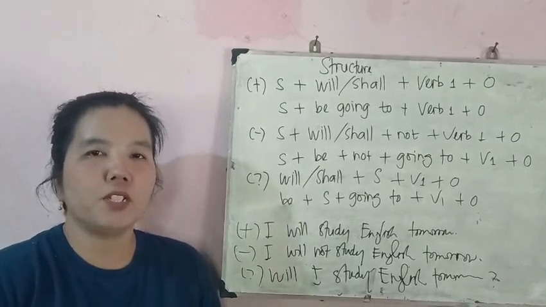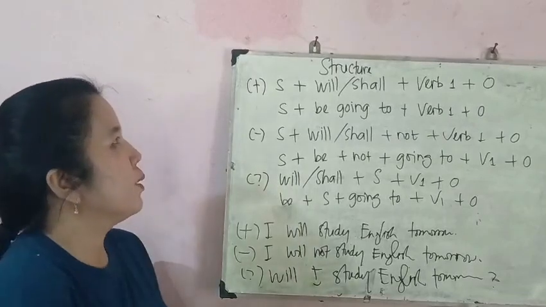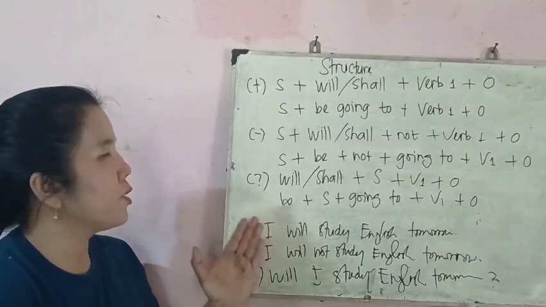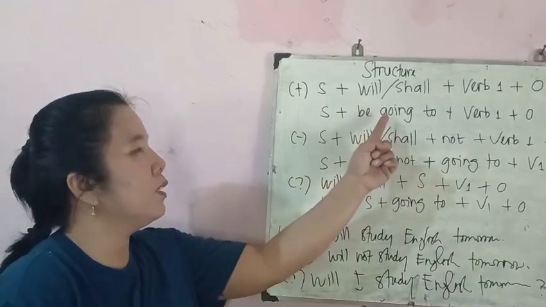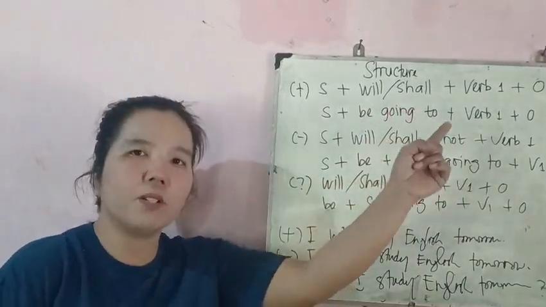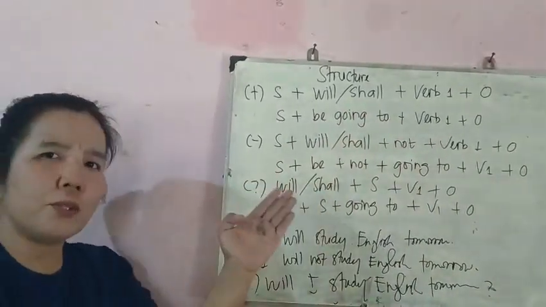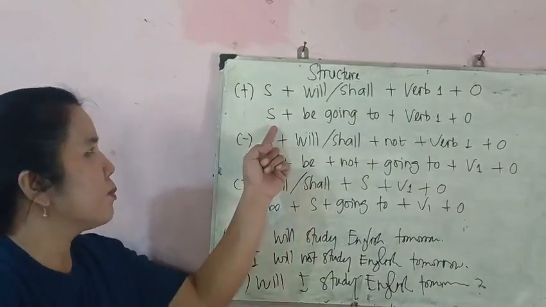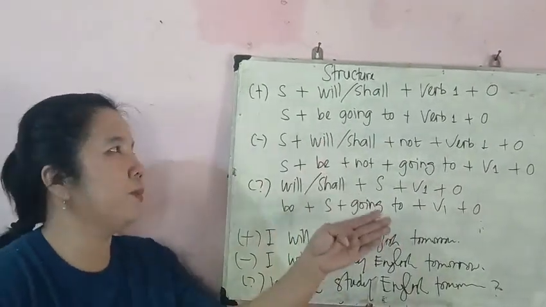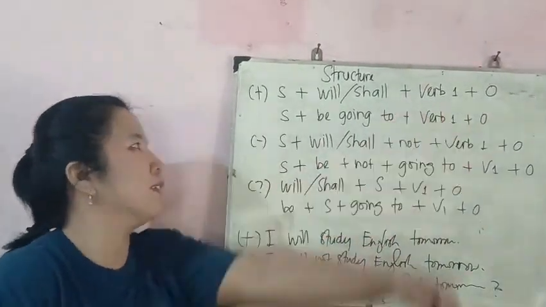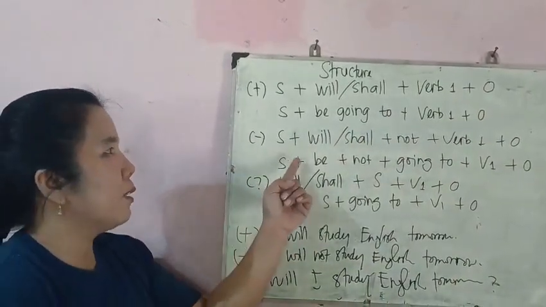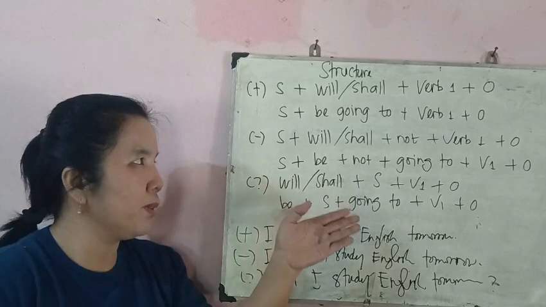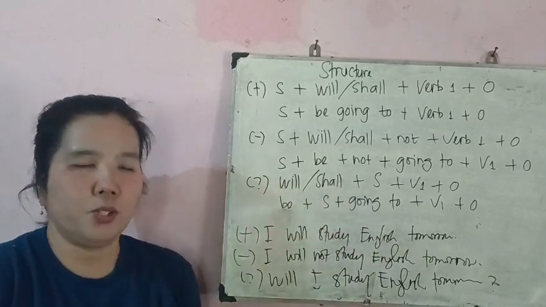Now, how to use simple future tense? Okay, the structure of simple future tense in positive sentences is subject plus will or shall plus verb 1 plus object. And then we can use subject plus be going to plus verb 1 plus object. In negative sentences we use subject plus will or shall plus not plus verb 1 plus object.